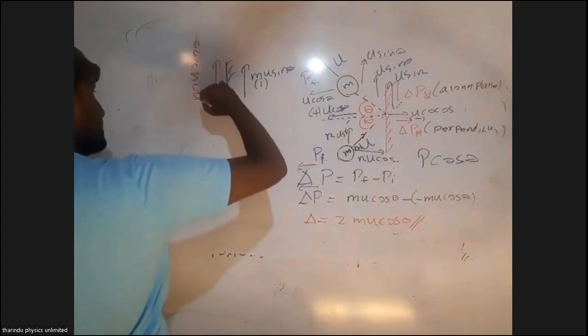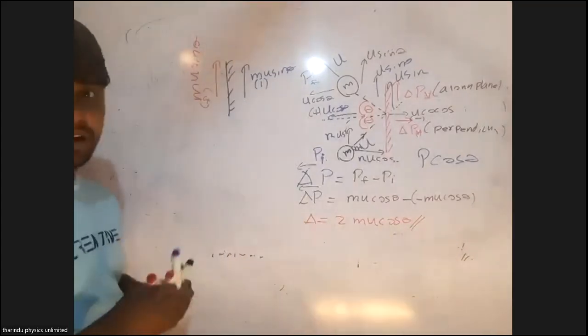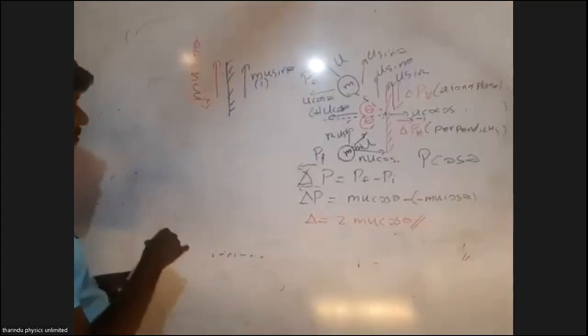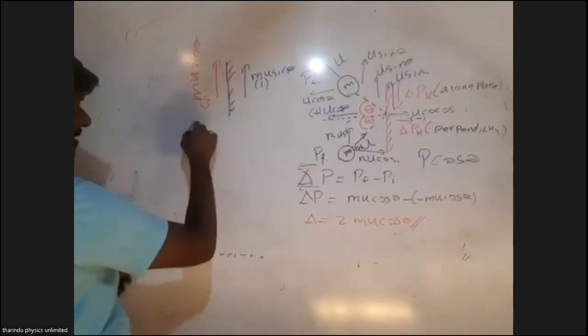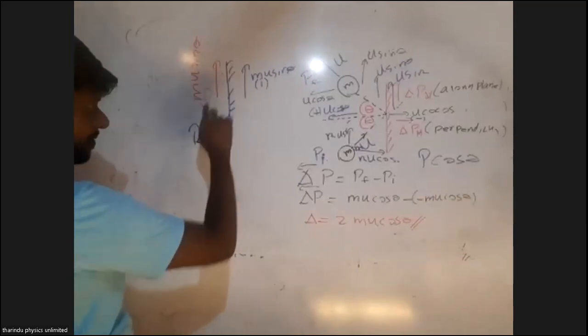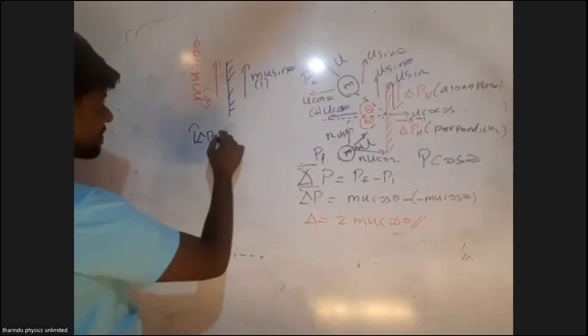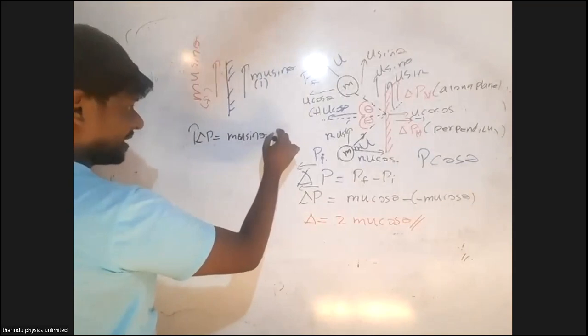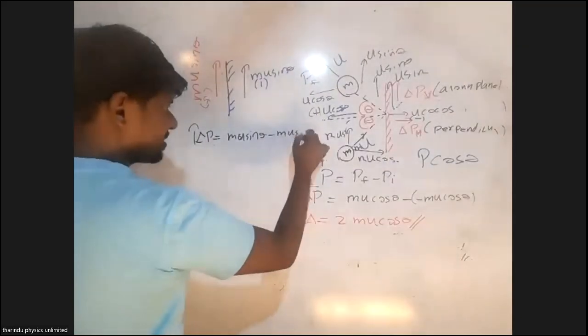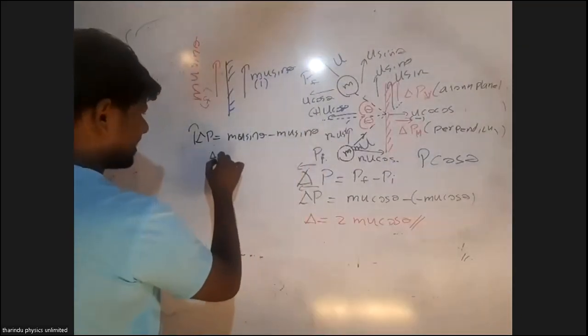This is the final one. Now I am going to subtract these two. Delta P in that direction, along the plane, mu sin theta minus mu sin theta. What is my answer? It is 0.